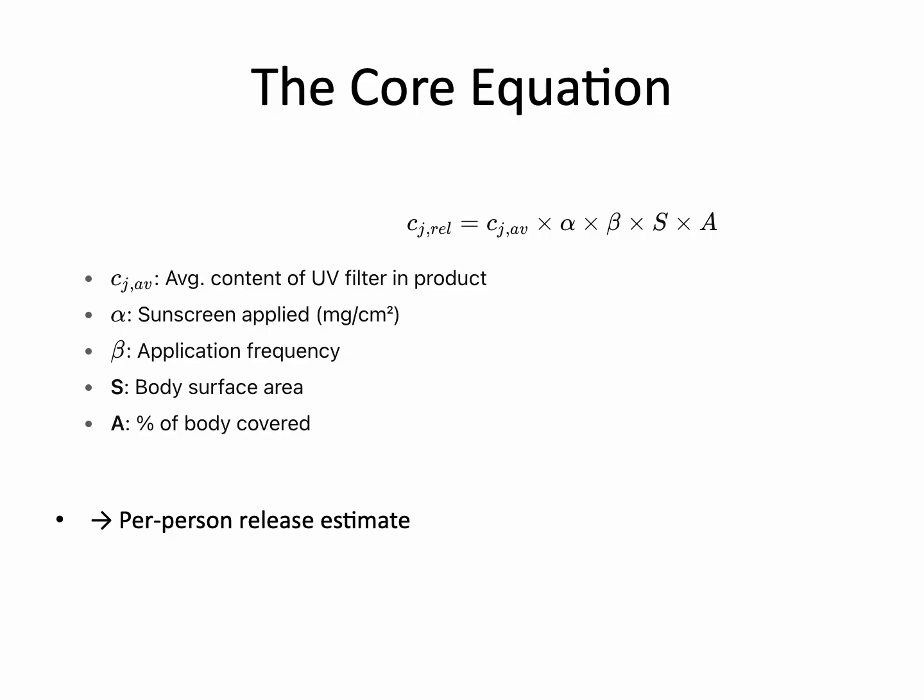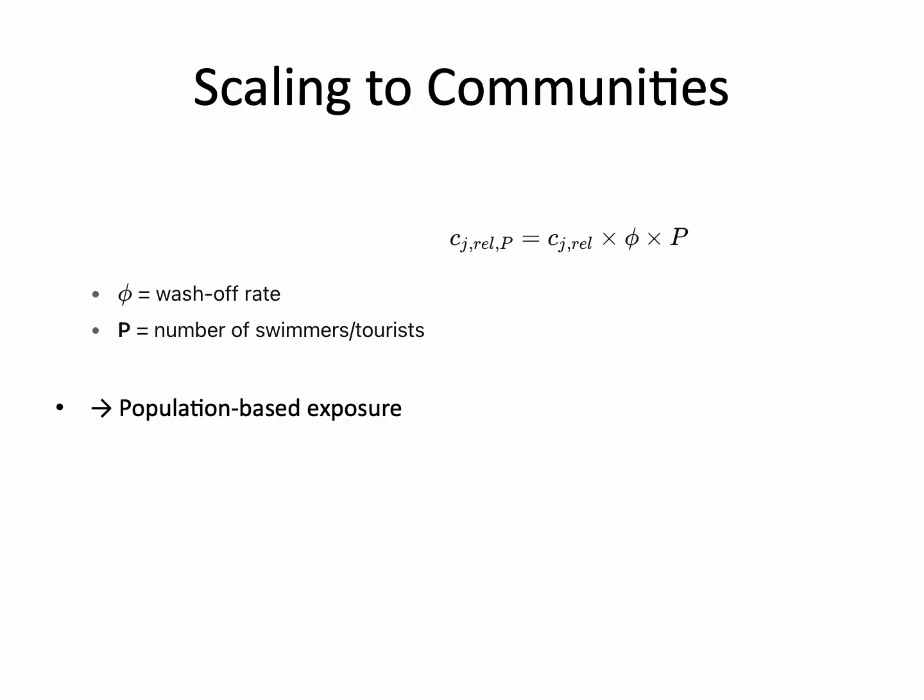And you can see how much would be released per person. You can estimate that. Because this equation was too long, I made it into two different terms. The first term was the release. Then I multiplied this by theta, the wash-off rate, which can also change based on the hydrophobicity or hydrophilicity of the components of the sunscreen, and the number of swimmers or tourists that can be in that area or location.